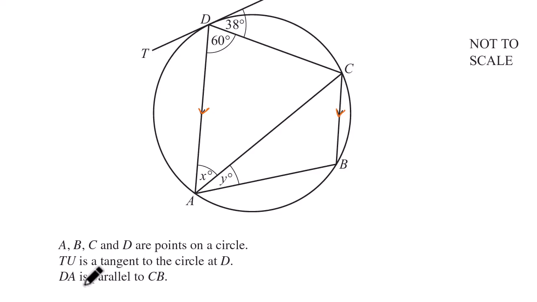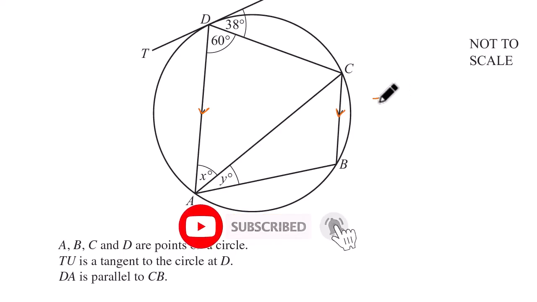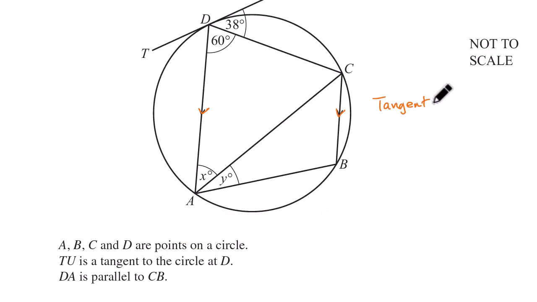But before we go on, we'll also see that the question also said CU is a tangent. This is a tangent to the circle. The very first law in this theorem that you need to apply is the tangent rule. The circle theorem rules are about 8 to 9 of them, depending on how you are breaking it down.